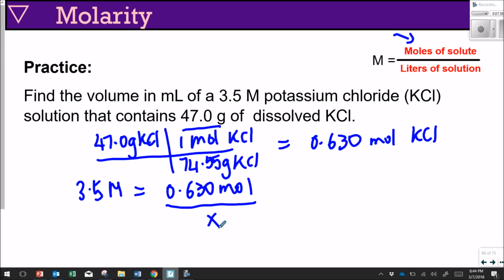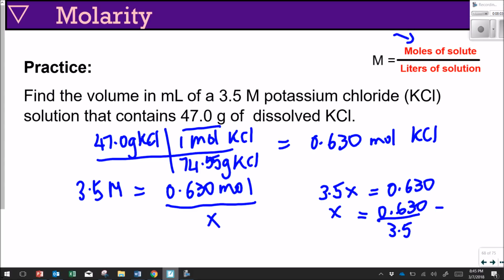So I can solve for X. So I can say that 3.5 X equals 0.630, so X equals 0.630 divided by 3.5, and I get 0.180 liters, because it's liters of solution in my formula.